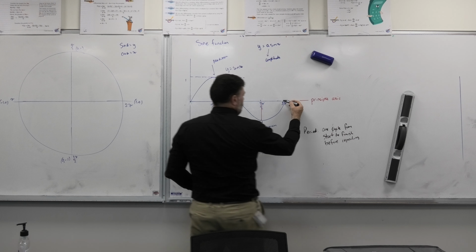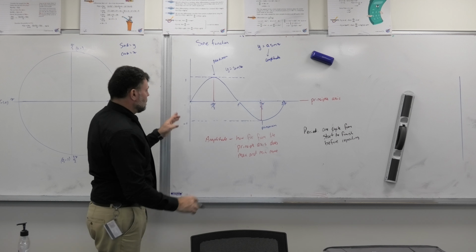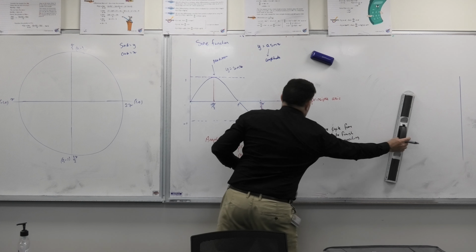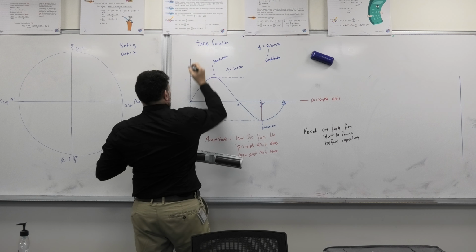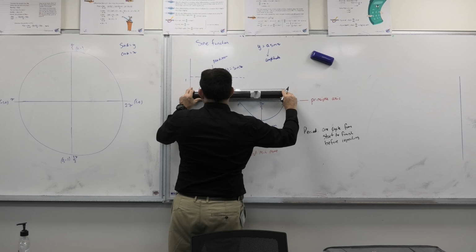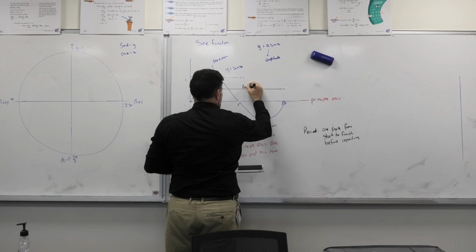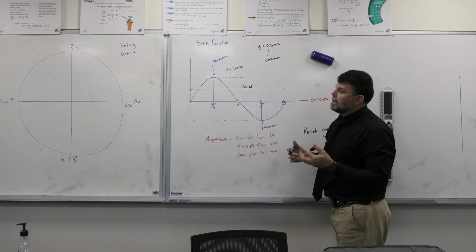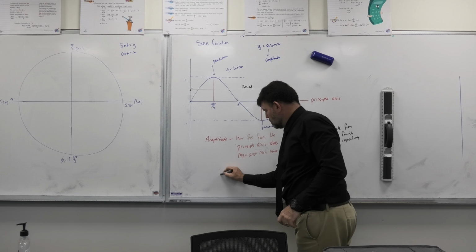If I continued this on again, I'd have 2 periods, but because I've only got 1 period here, the distance from here to here is 1 period. In the case of sine and cos, the period is equal to 2 pi.